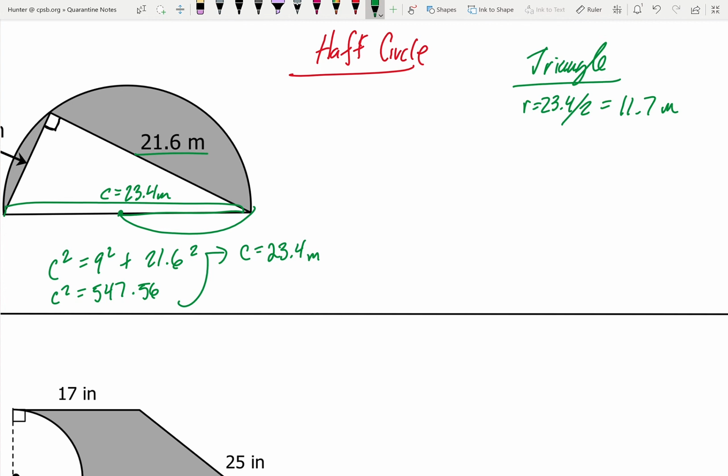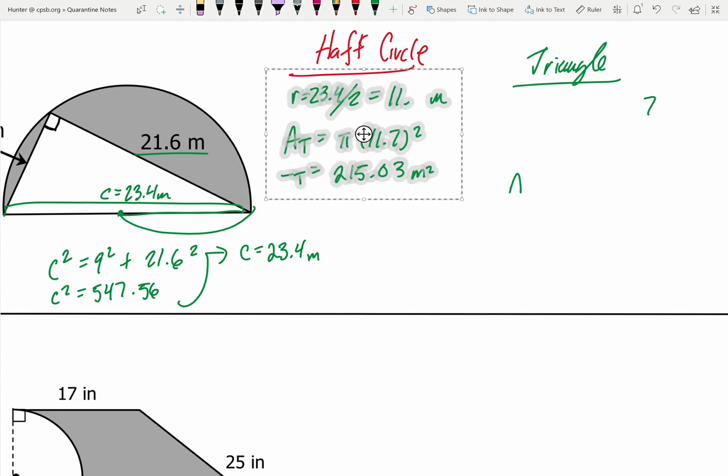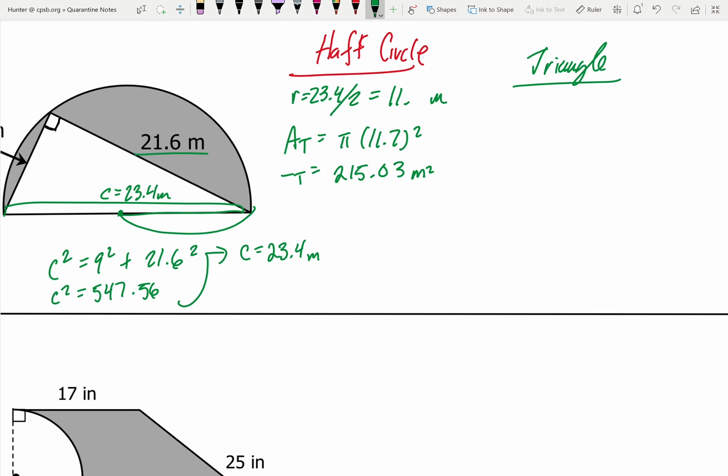Alright, so to find that area of the circle, that's just pi times 11.7 squared, which is 215.03, and of course meters squared. And that is actually supposed to go over here. Excuse me. That's not the area of the triangle, that's the area of the half circle. Alright, yes, we found the area of the half circle. Excuse me.